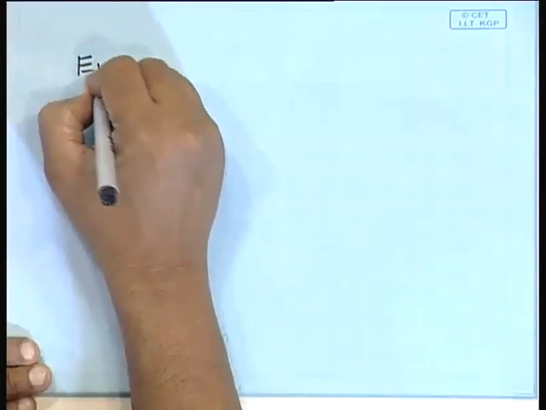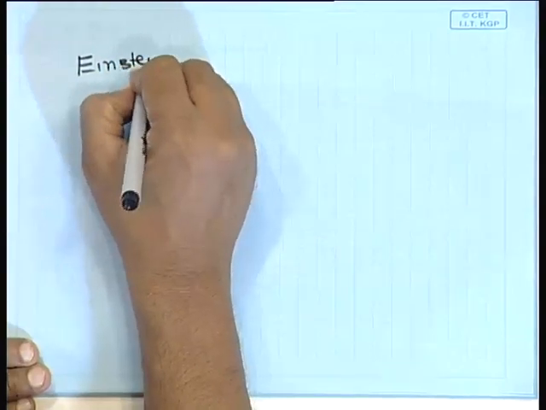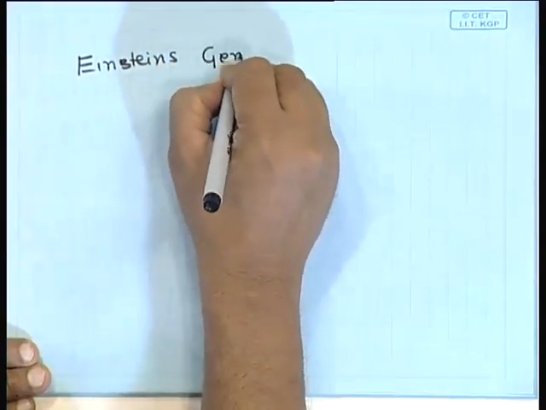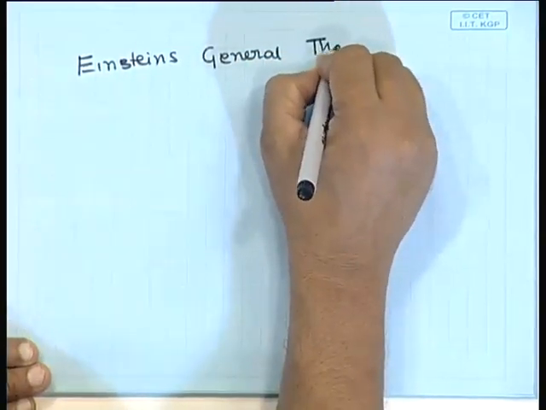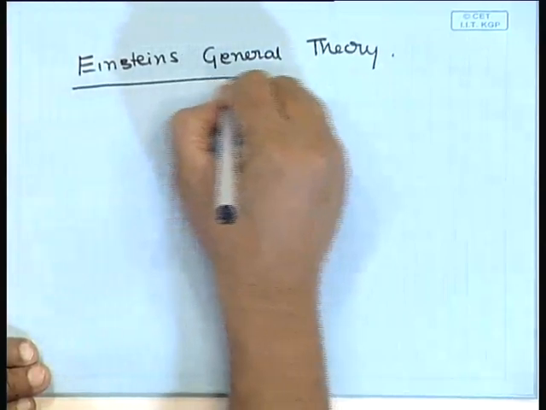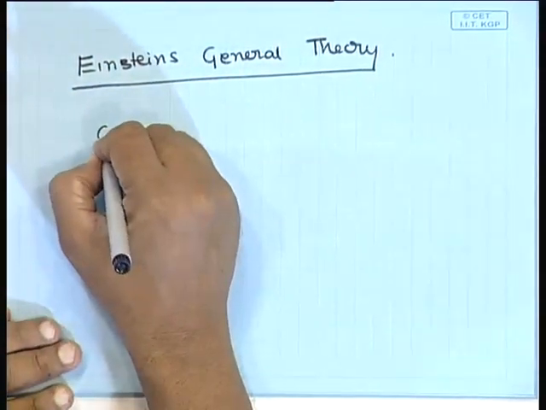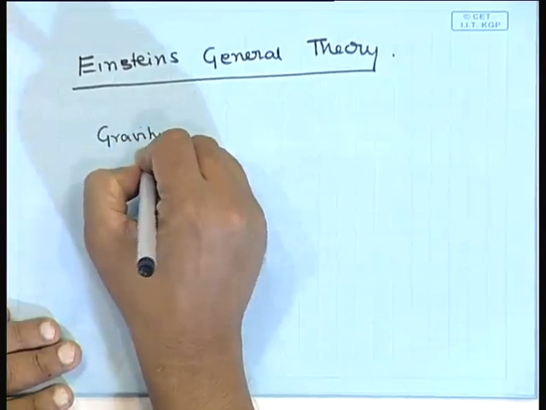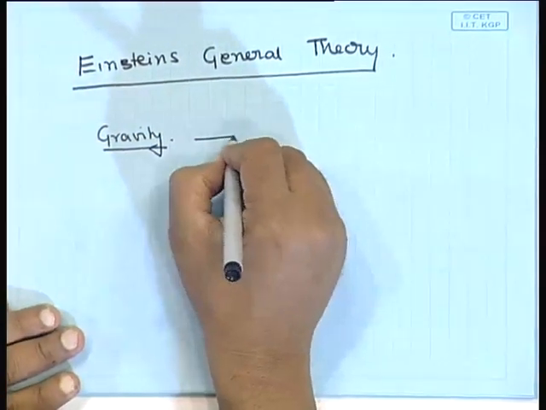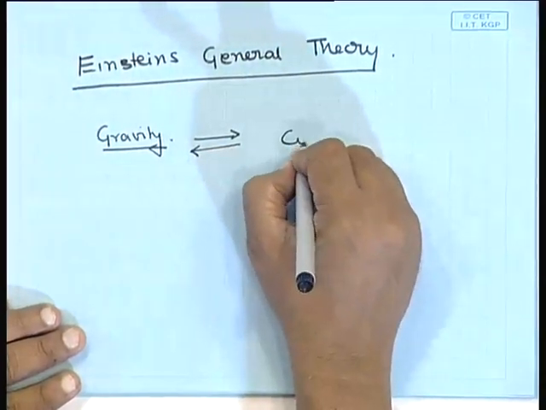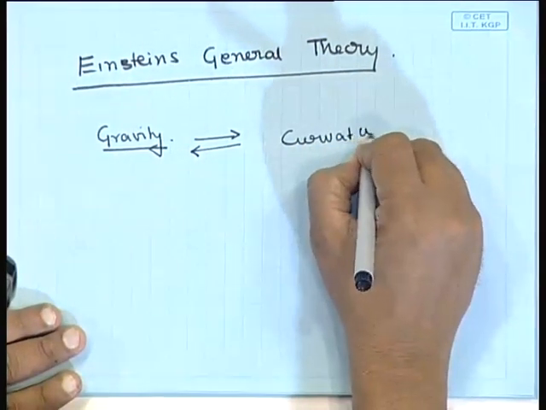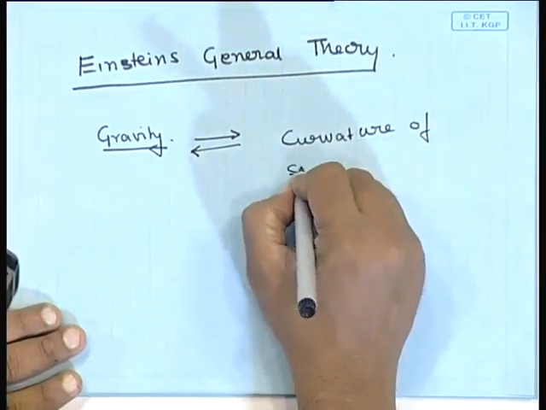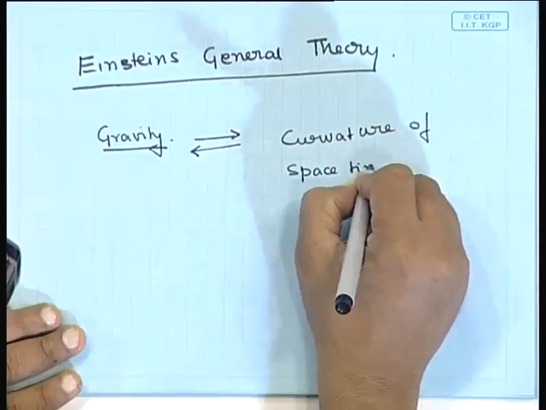Now Einstein's special theory of relativity does not incorporate gravity. Now, in Einstein's general theory of relativity, gravity manifests itself as the curvature of space-time.